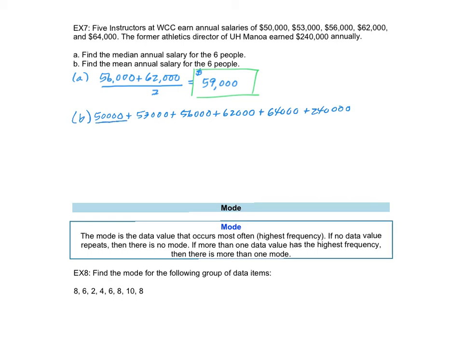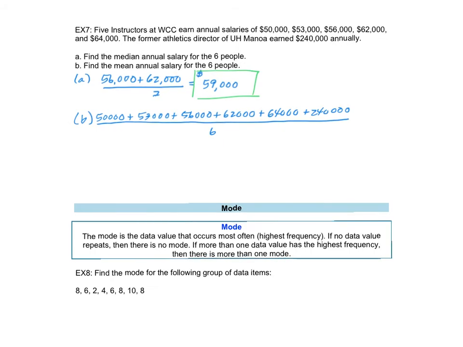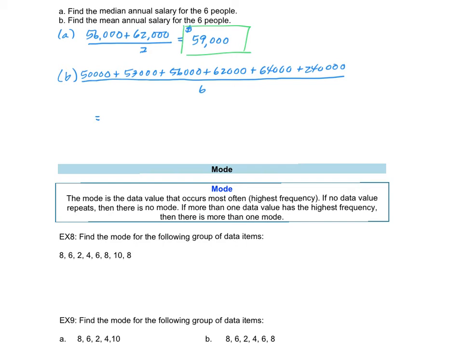We're going to divide by how much we have, which is 6. I'm just going to shove that in a calculator to get, and I'll put it down here, 87,500.